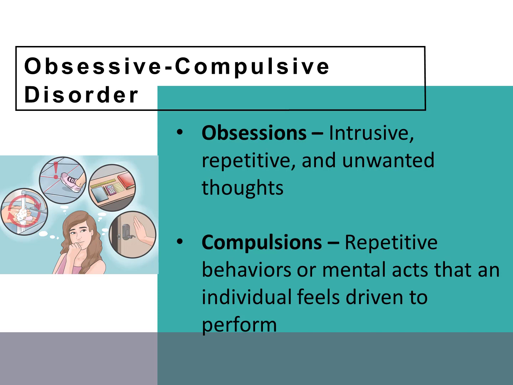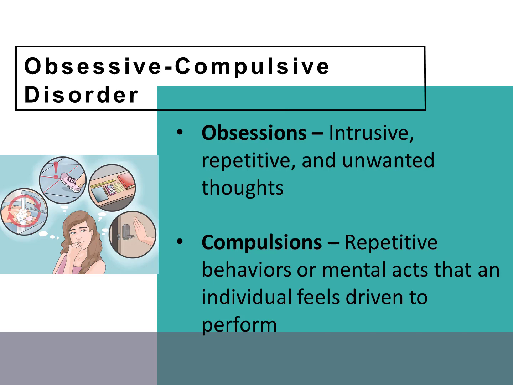Now, the only way somebody can get rid of that anxiety is by doing one of the compulsions. Compulsions are repetitive behaviors or mental acts that an individual feels driven to perform because of that anxiety, and performing them then relieves that anxiety.